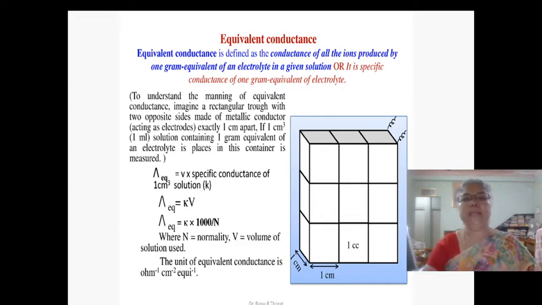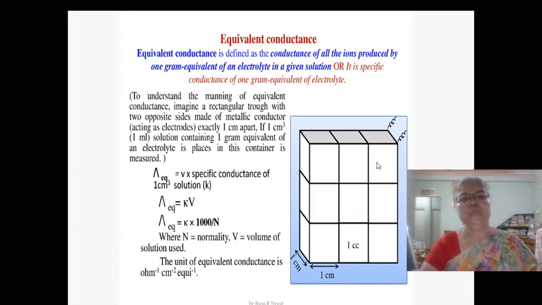To understand this, consider a rectangular vessel made of metal, whose two sides act as electrodes, and they are connected to the positive terminal and negative terminal of a battery.